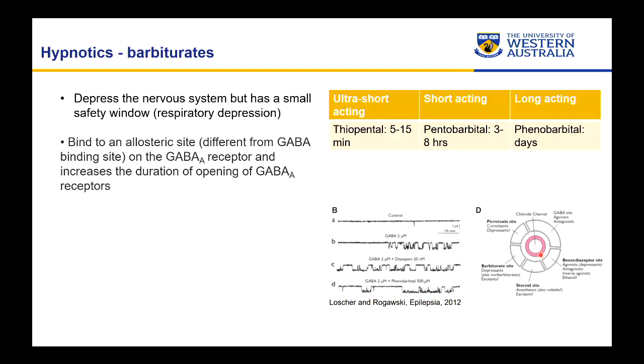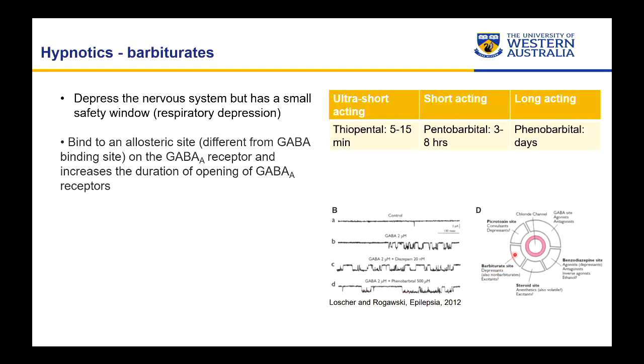You're not increasing the amount of time it's open, you're just making it open and close a little bit more, okay? So where GABA might open it open, open, open, benzodiazepines will make it open, open, open, open, open, open. It basically increases the frequency that the chloride channel is open. So you're getting a lot more negative voltage in the cell. So it's a bit more inhibited because the chloride channel opens more frequently.